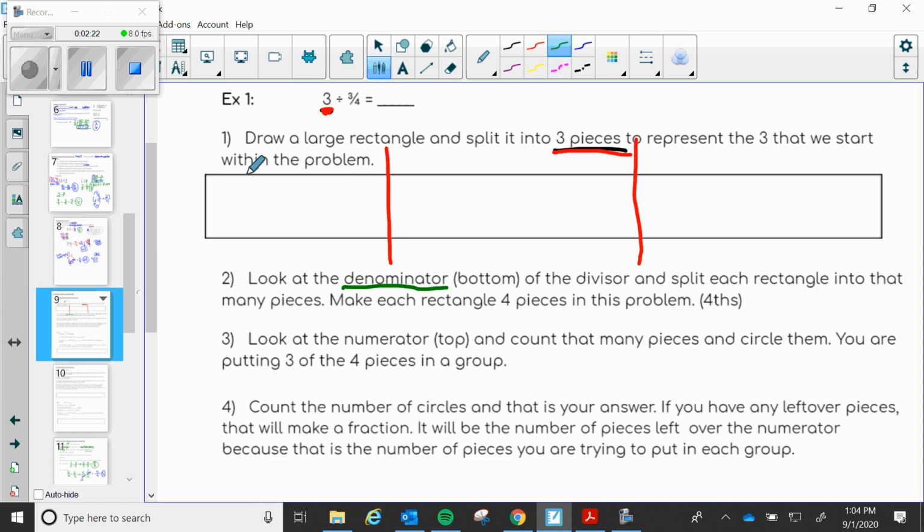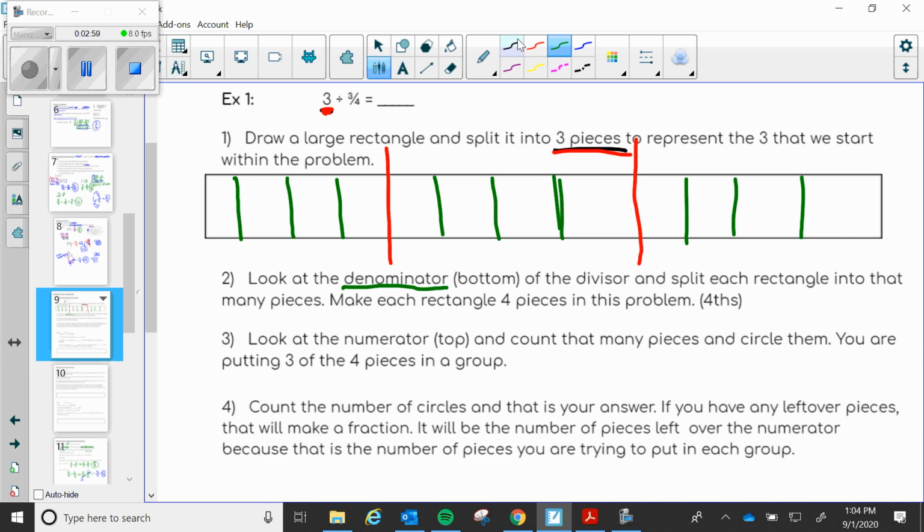So I'm going to make each of these little rectangles have 4 pieces in it. 1, 2, 3, 4. 1, 2, 3, 4. 1, 2, 3, 4. Perfect. So that is how you do step 2. You got that number from the denominator of our divisor.